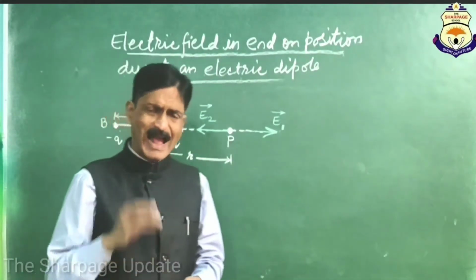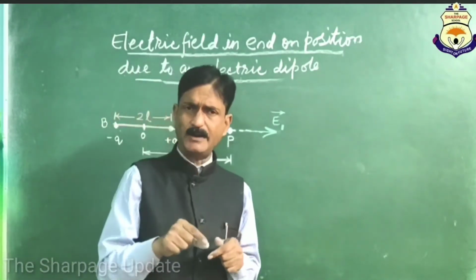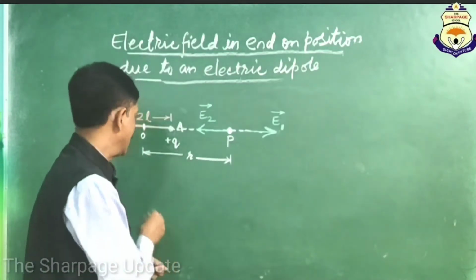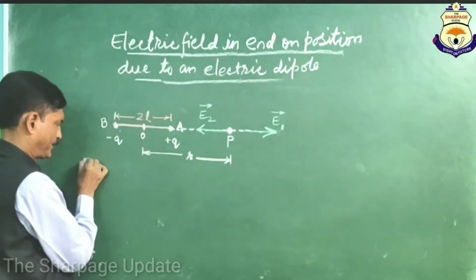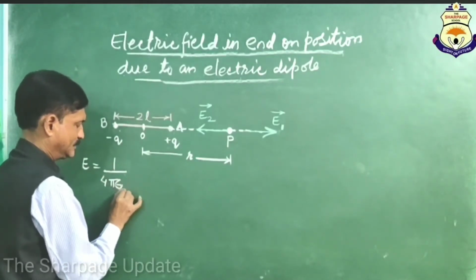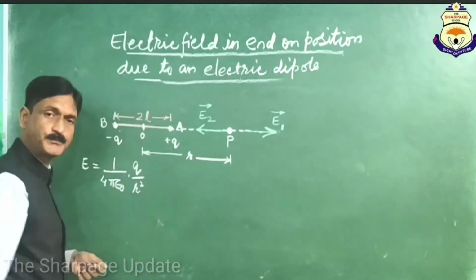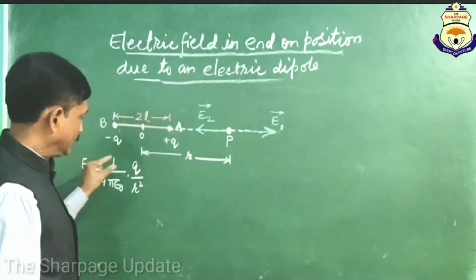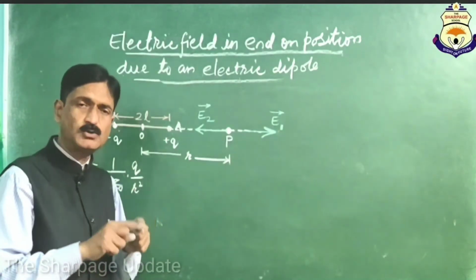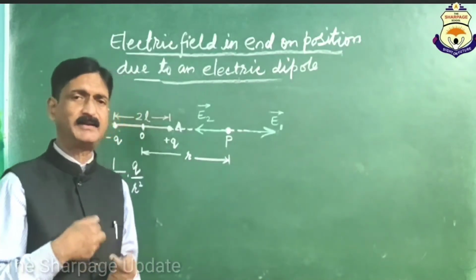Now, as we know, the electric field intensity at a point due to a source charge Q is E equal to 1 upon 4 pi epsilon 0 into Q upon r square, where Q is the source charge and r is the distance between the source charge and the point where we have to determine the electric field intensity.